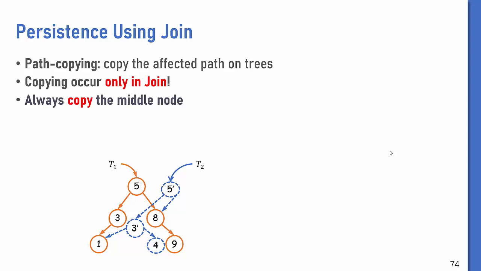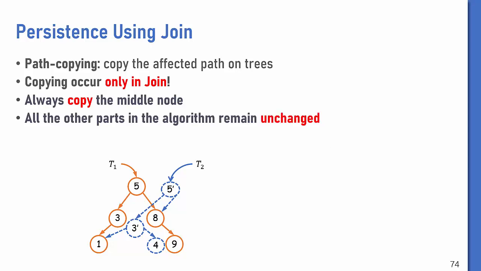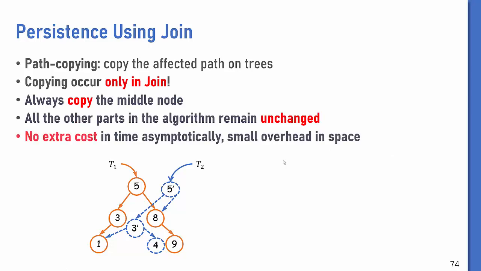To get persistent union, filter, and range algorithms, we don't need to modify the original join-based algorithms specially. We can just do some copies in join, and we can make all the join-based algorithms persistent. Also, the overhead caused by the copying is just a constant, so asymptotically the algorithms don't get more expensive because of copying.